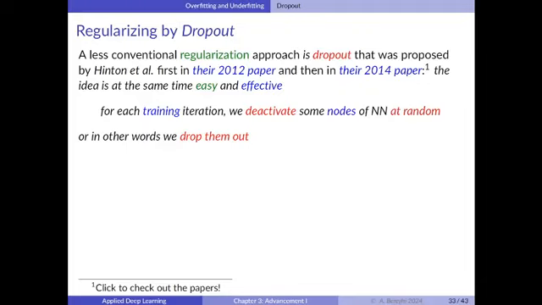Dropout was proposed officially in 2014, and it means that during training we deactivate and delete some nodes of the neural network randomly. Noting it should be random, so if it is not random, it does not work as well as this approach.